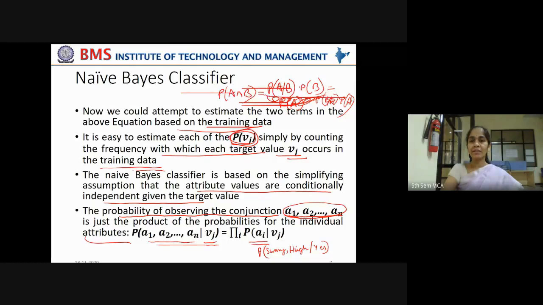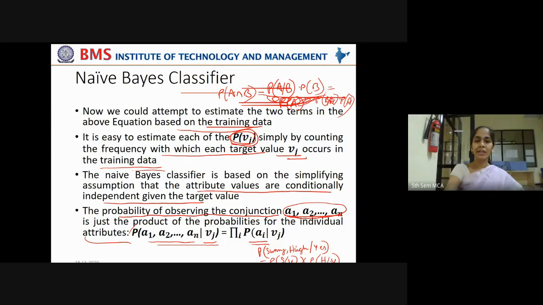You write it as probability of sunny given S multiplied by probability of high given S. So this becomes probability of sunny given S multiplied by probability of high given S. This is how you write it.